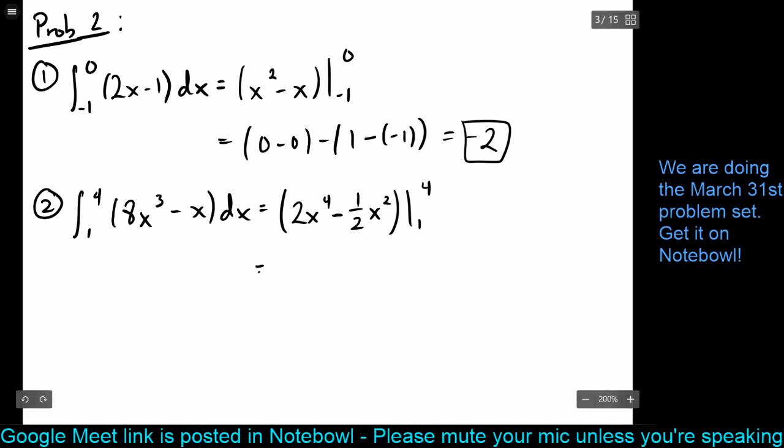So again, all we do is plug in the top number first. That's a big number. 256, 512. Minus 4 times 4 is 16 minus 8. Minus 2 minus 1/2.